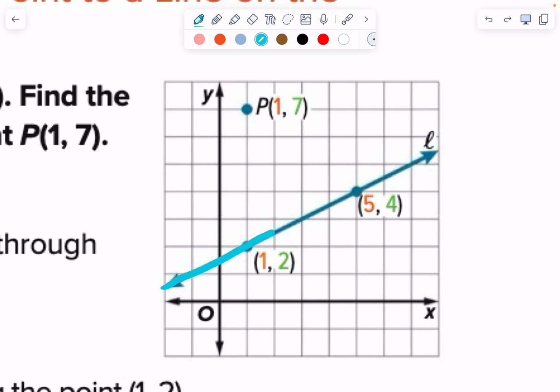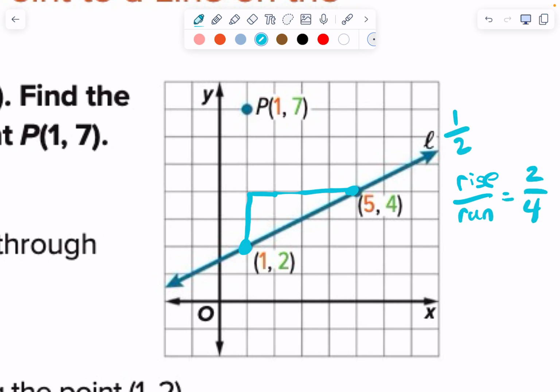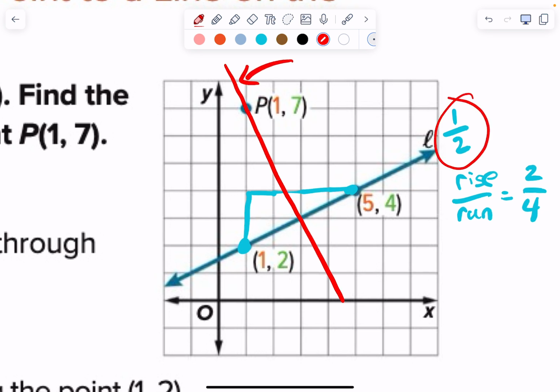I'm going to look at this line, and the first thing I'm going to do is find the slope of that line. Going from this dot to this dot, I'm going up 2 and over 4. So my rise over run for that line is up 2 and over 4, or 1/2. Now, if I draw a line that is perpendicular, the slope of this red line has to be the negative reciprocal of 1/2, which has to be -2.